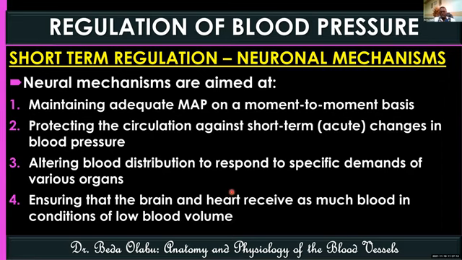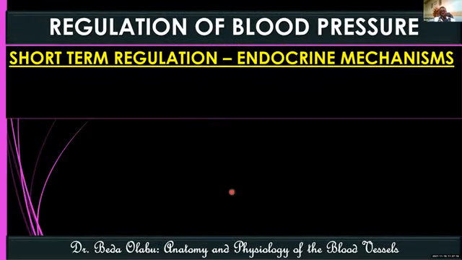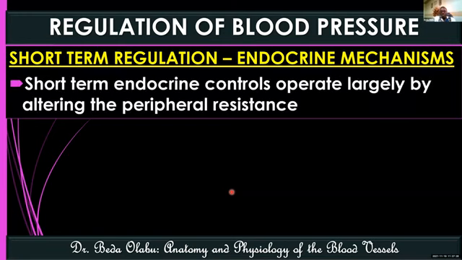Now we can look at the endocrine mechanisms, which are short-term. These rely on hormones that operate largely to control the peripheral resistance, although they can still control the heart, but they're largely affecting the peripheral resistance. Now think about the hormones that control blood pressure.